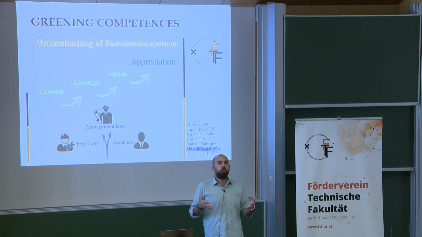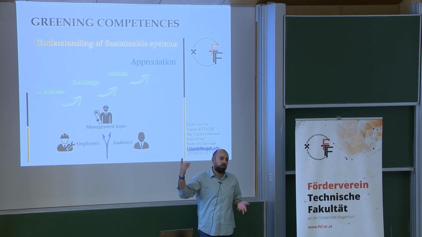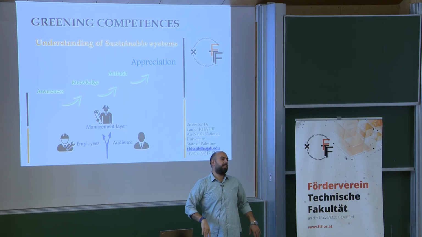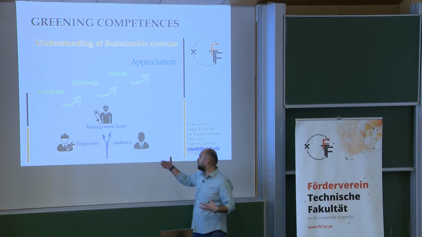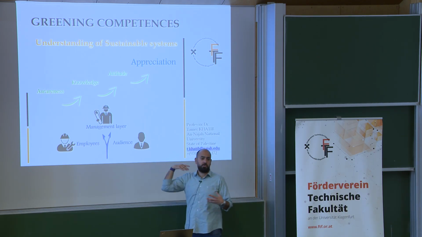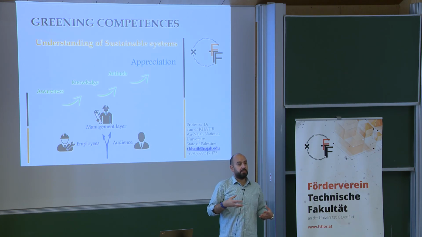So we have to work on each one of them. For the audience, we can do awareness campaigns and many activities that we know increase awareness. Then we need to go to the schools and universities to do some green curriculum, to assure the awareness and knowledge of greening.